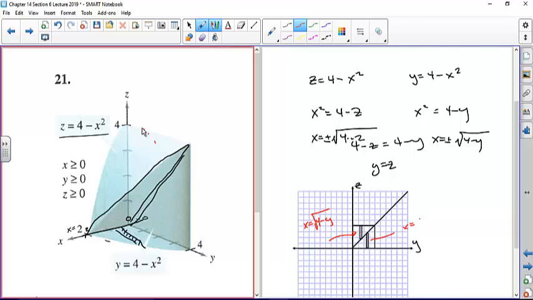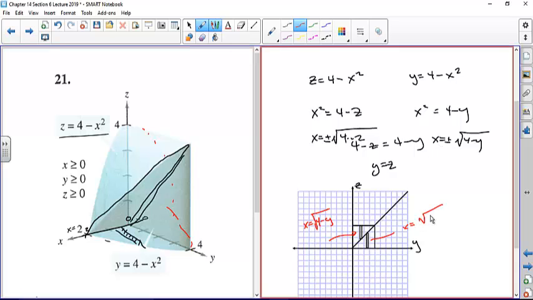This thing loops around kind of like that, and this one would loop around kind of like that. So they're both in the first quadrant, so I think they're plus the square root of 4 minus z for that one.